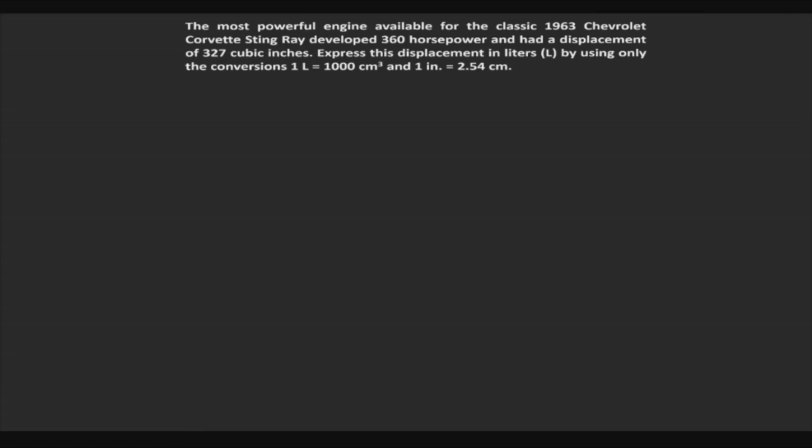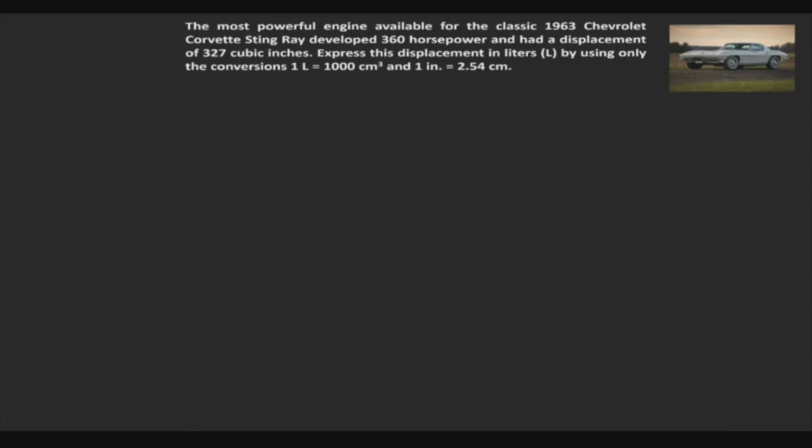For our next problem, the most powerful engine available for the classic 1963 Chevrolet Corvette Stingray developed 360 horsepower and had a displacement of 327 cubic inches.